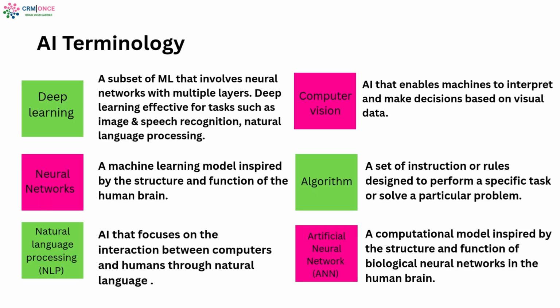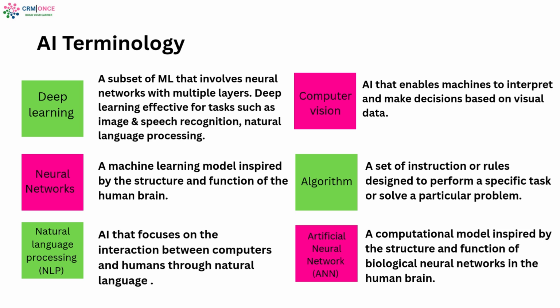Key AI terminologies. Deep learning: a type of machine learning using neural networks with multiple layers. Best for image and speech recognition and natural language tasks. Neural networks: models inspired by how the human brain works, using neurons to process and learn from data. Natural language processing, NLP, helps computers understand and respond to human language.